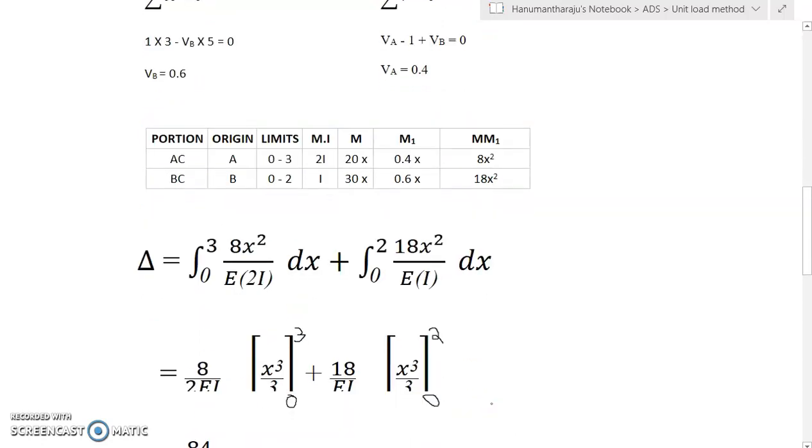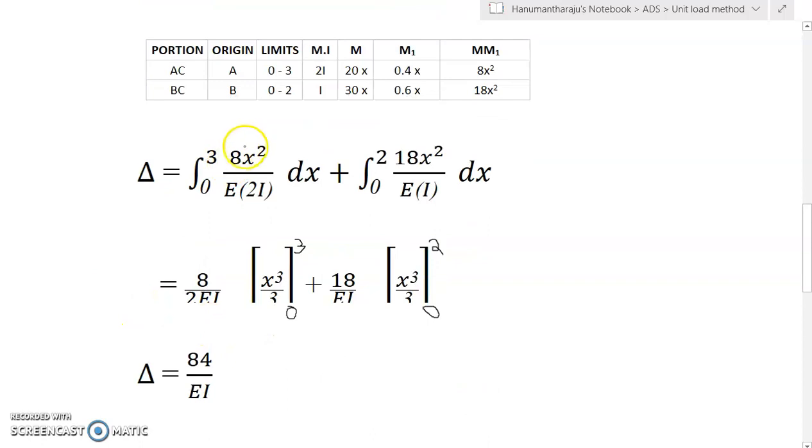Now, here 8 by 2EI is taken as constant. Integration of x square is x cube by 3. Limit is 0 to 3. Plus constant is 18 by EI.